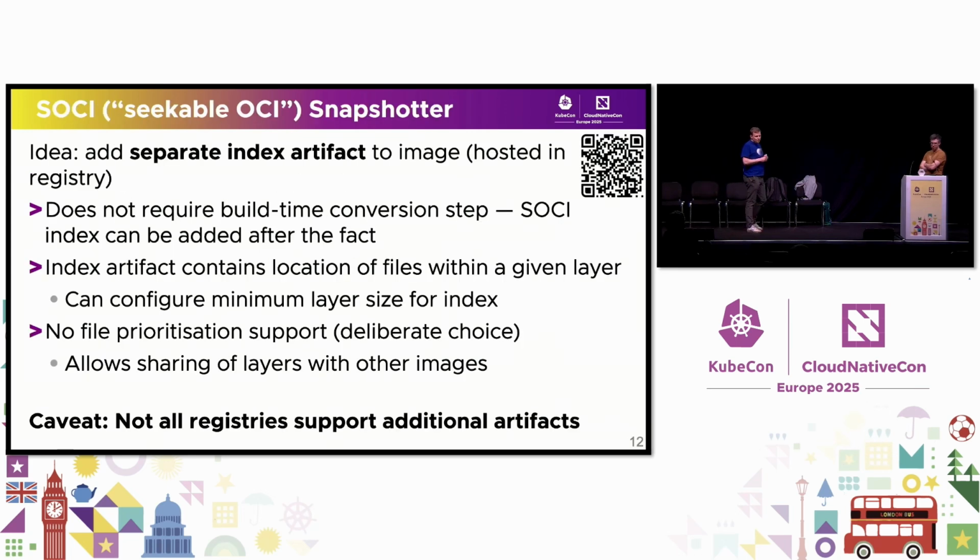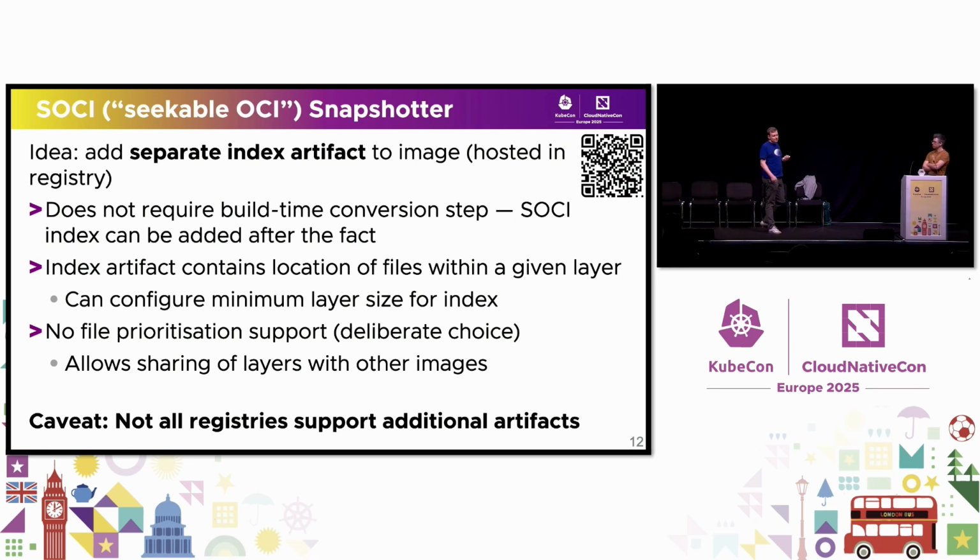So the SOCI snapshotter, or seekable OCI snapshotter, is a fork of the StarGZ snapshotter, which addresses this problem by adding a separate index artifact to the image that is hosted in parallel in the registry.